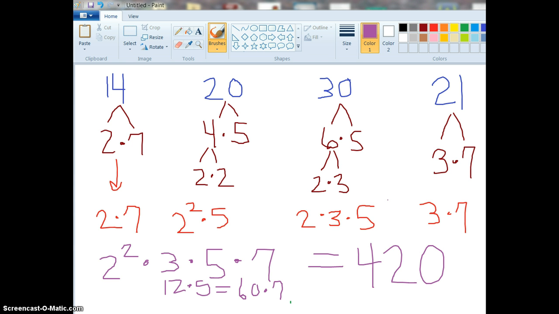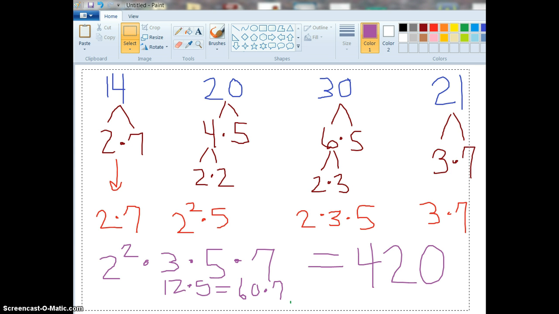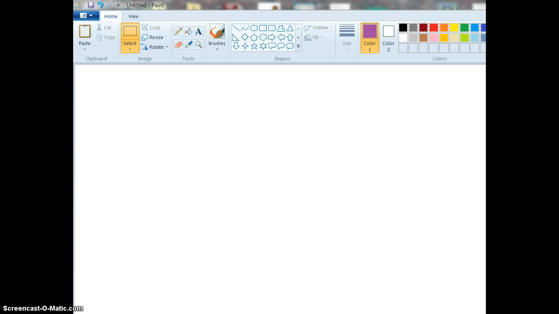Let's look at another example. We're given the numbers 15, 40, 63, and 12.